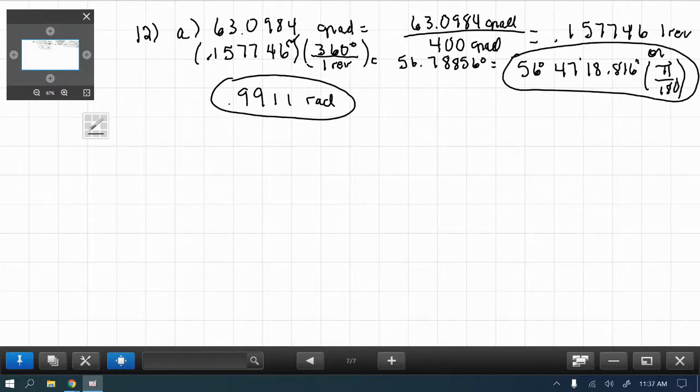Do the same thing with B. So 235.8760 grads. We want to divide it by 400.